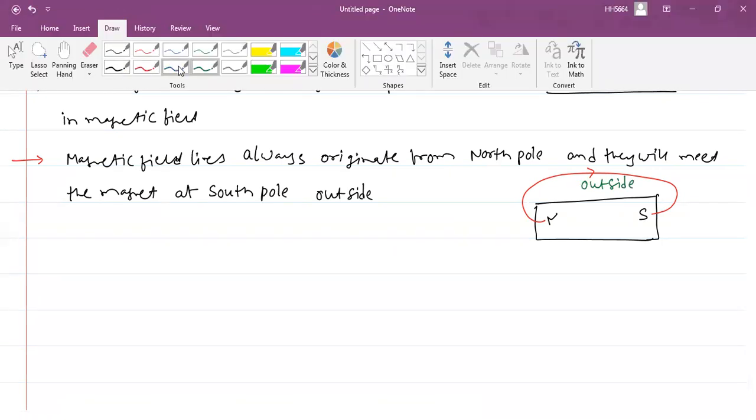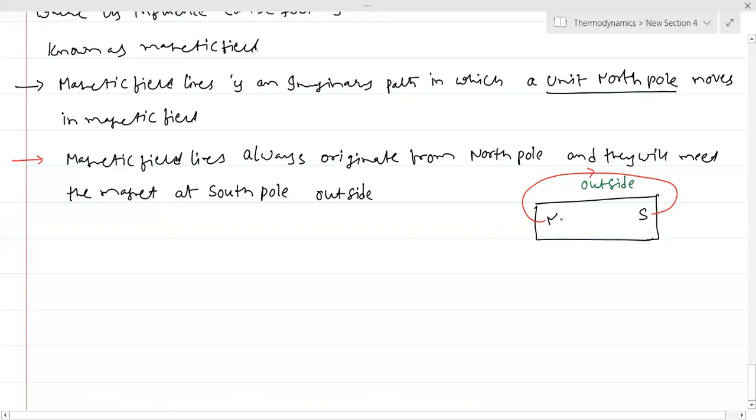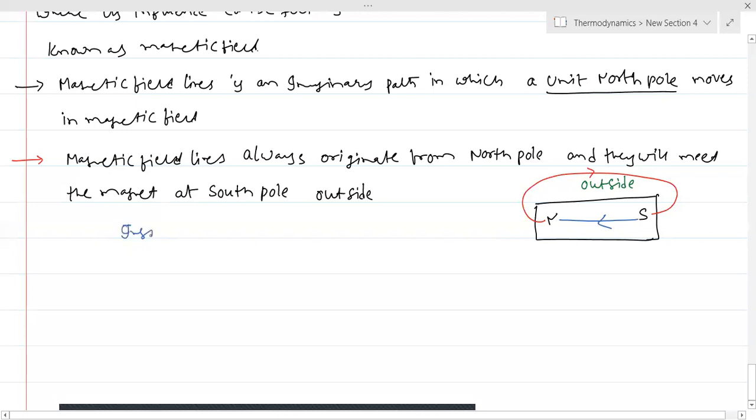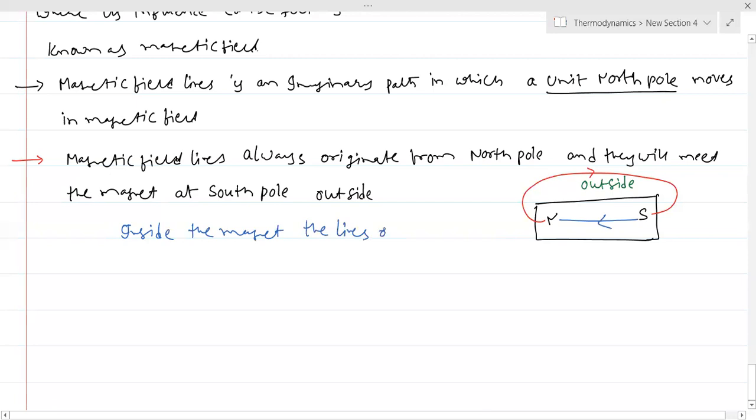But when we think of inside the magnet, the lines of force will move from south pole to north pole.